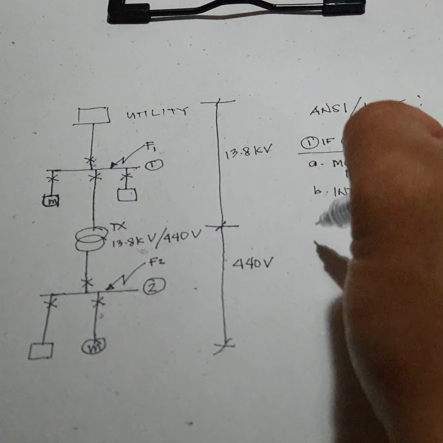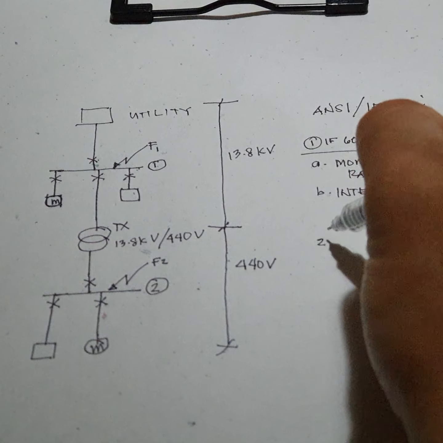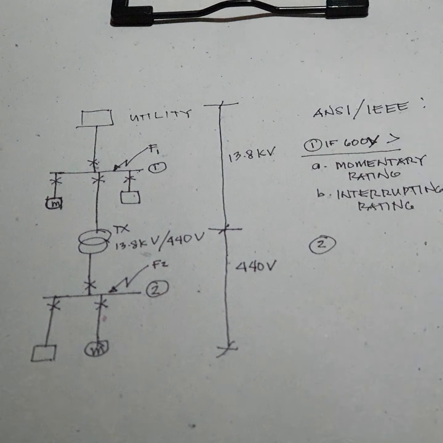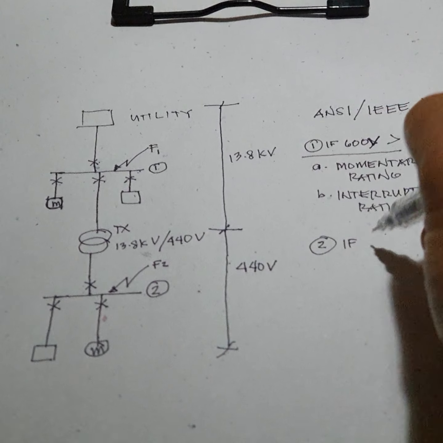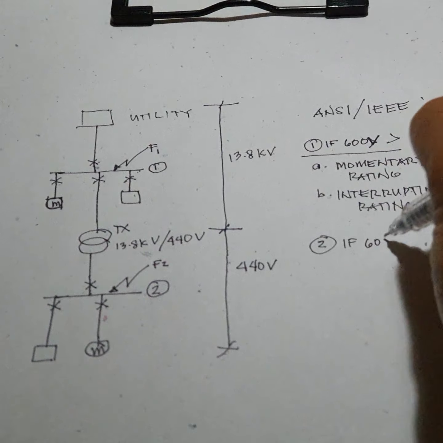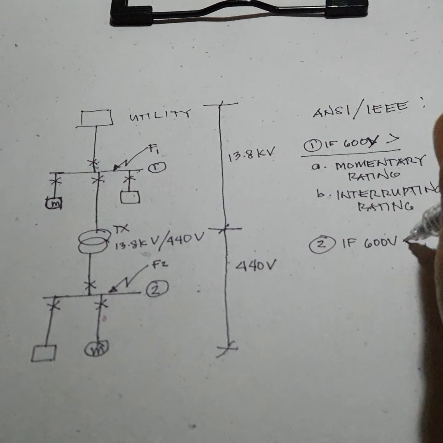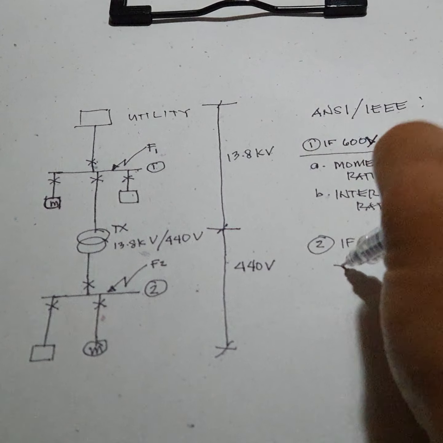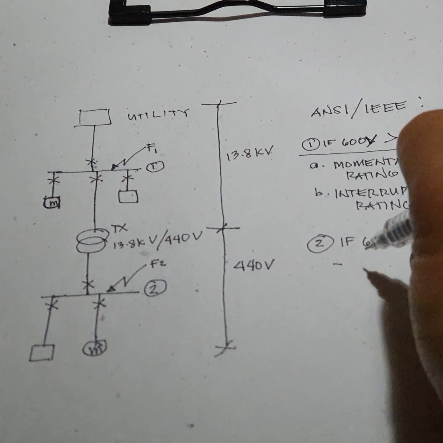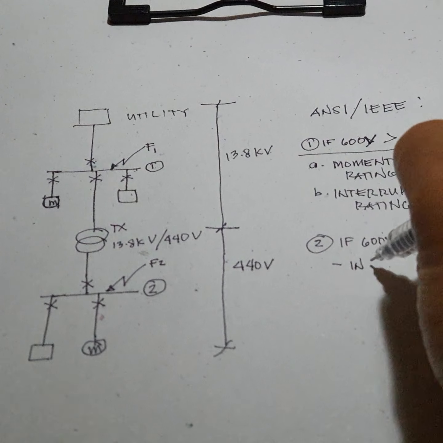Then if the voltage is less than 600 volts, you have to determine only the interrupting rating.